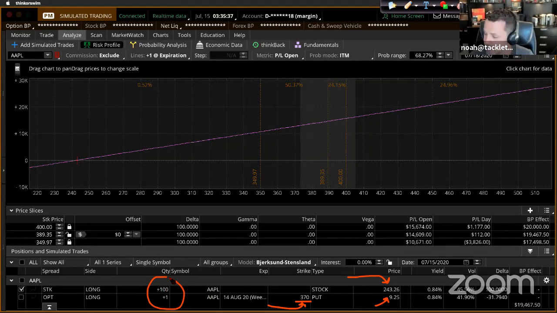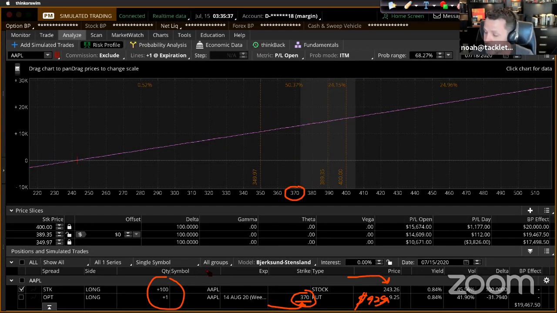So he'd be into that contract 925 bucks. And with that, what happens here is it's going to preserve the profit. So if you purchased the right to sell it at 370 and the stock price goes anywhere below 370, you would have coverage below 370 as long as you paid that price.